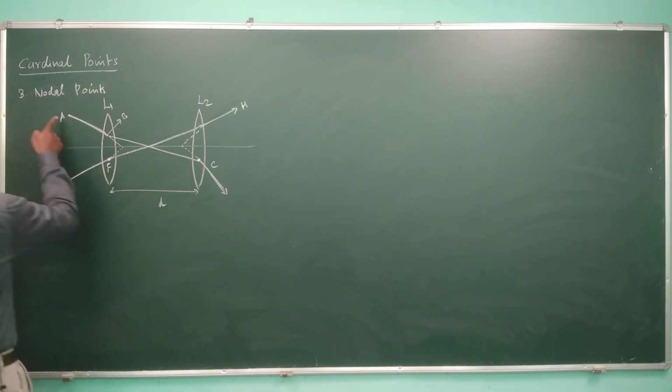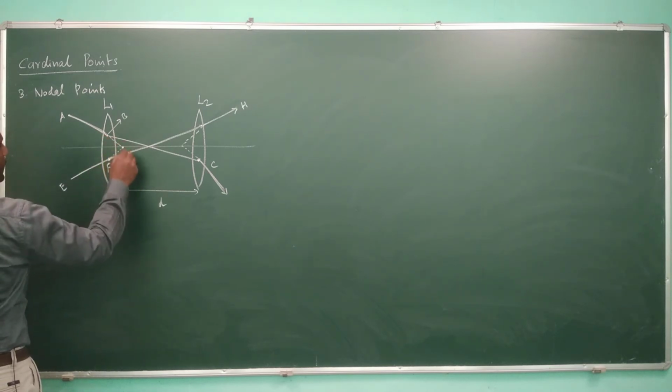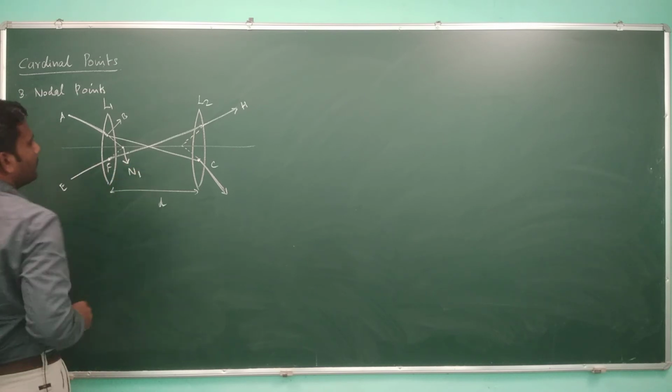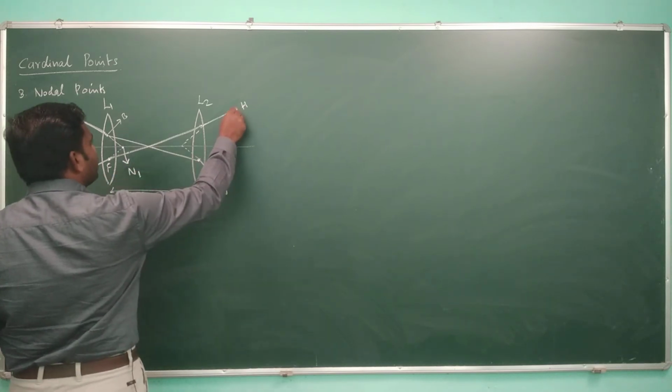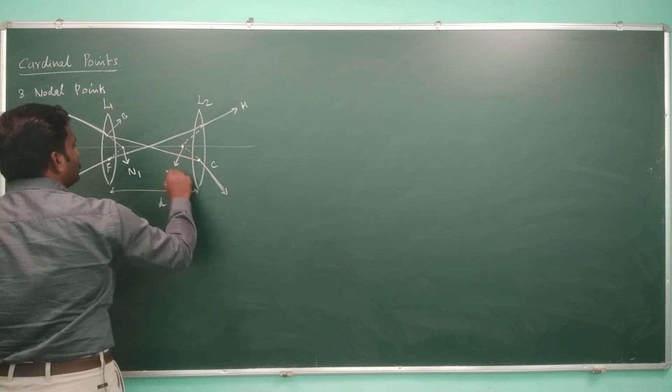Assume that this ray A is not refracting at point B, it touches the optical axis at N1. Similarly, if it comes backward, if this ray is not refracted, it touches the point at N2.